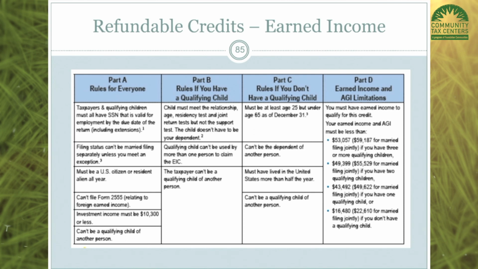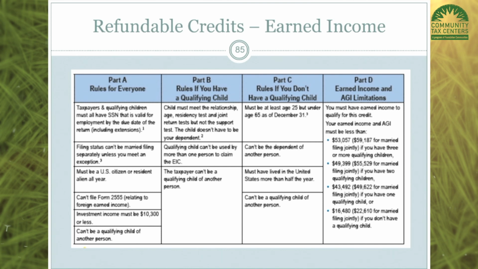This is where I talked about those children of divorced or separated parents, the custodial and the non-custodial. If they're going to split it up, the non-custodial parent claims the child as a dependent on their tax return, and the custodial parent will have the child for head of household purposes if they have not remarried and will qualify for the earned income credit. A qualifying child cannot be used by more than one person to claim the earned income credit.